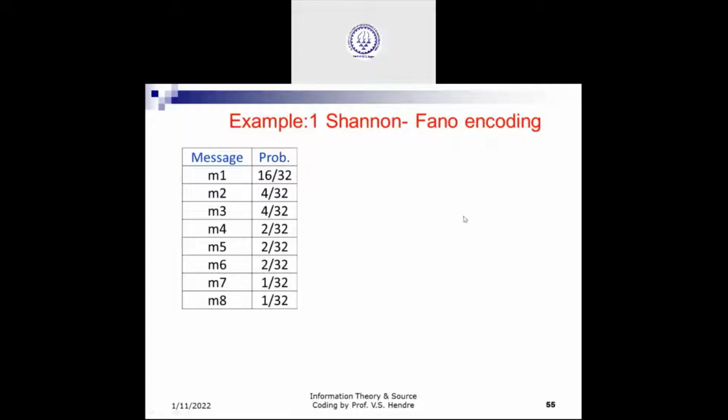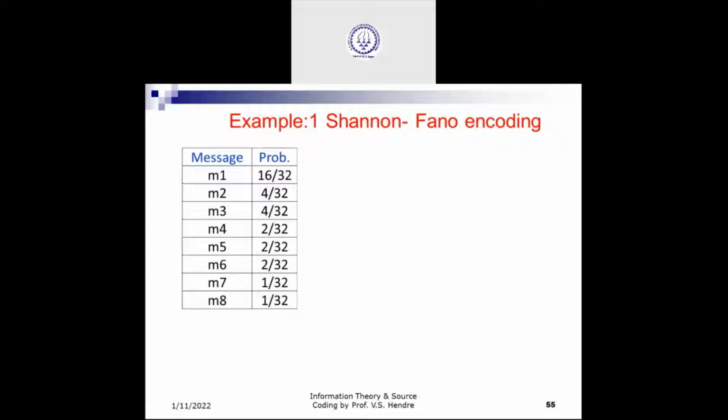I hope the example has been written. I will repeat once again. A discrete memoryless source contains 8 symbols from M1 to M8 with probabilities 16 by 32, 4 by 32, 4 by 32, 2 by 32, 2 by 32, 2 by 32, 1 by 32 and 1 by 32 respectively.